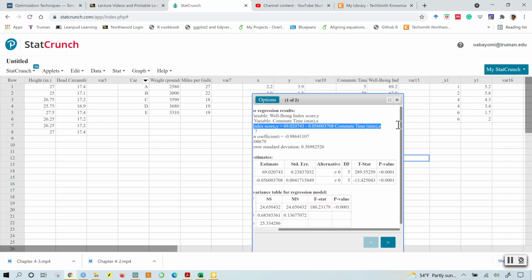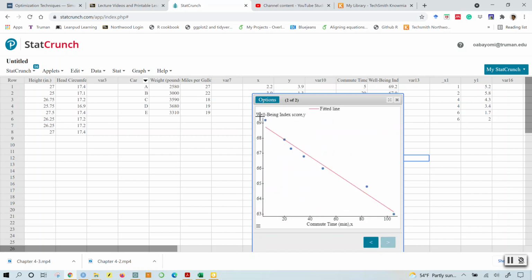So I'm going to take that back to my working board. And then on the next page of the output, I have the scatter plot with the fitted regression line. And you will observe that if I hover the mouse over the line, it will show me the regression line equation.